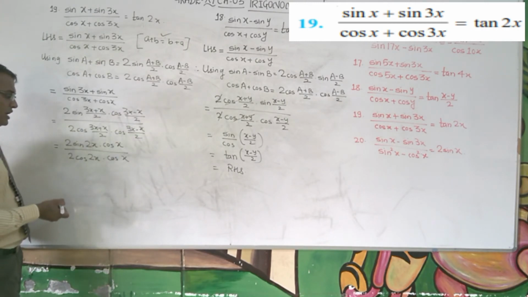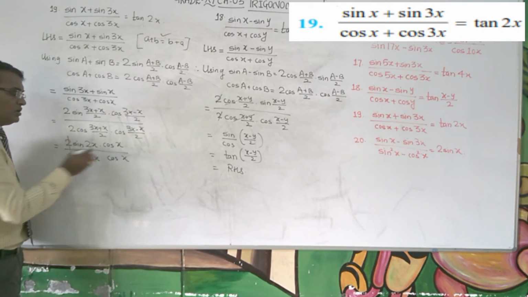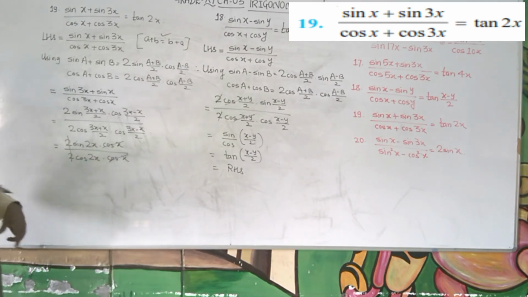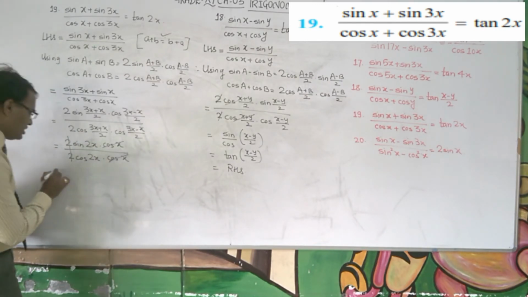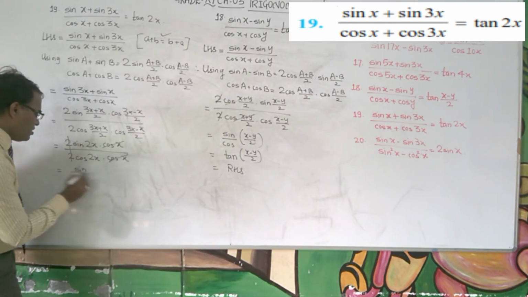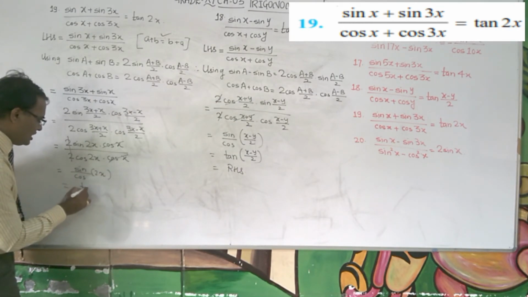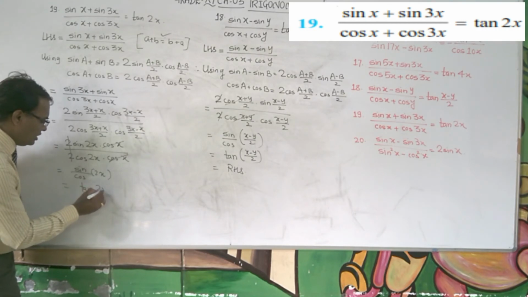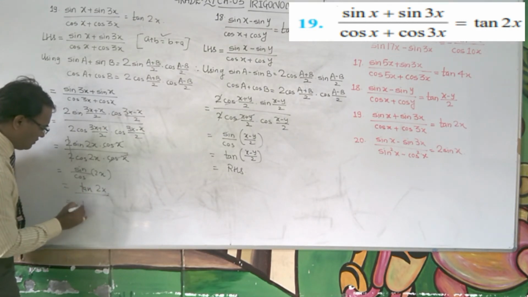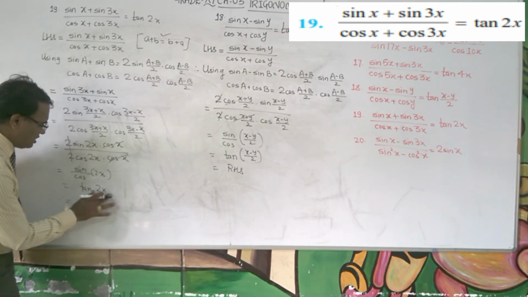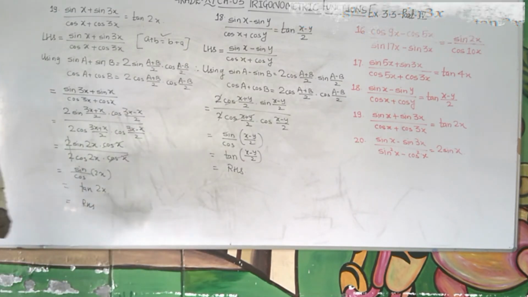So what things can you cancel? You can cancel cos x and cos x. So what is remaining? It is sine upon cos of 2x, which is nothing but tan 2x, which is the required RHS.